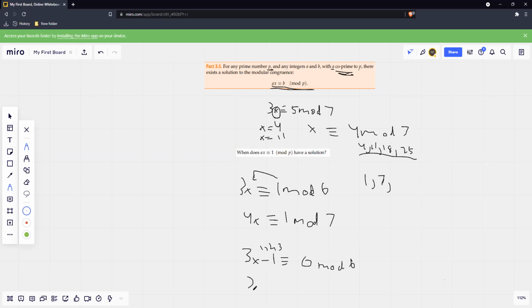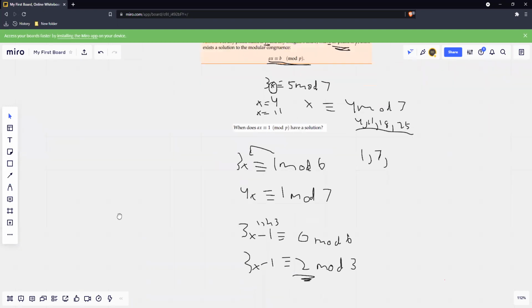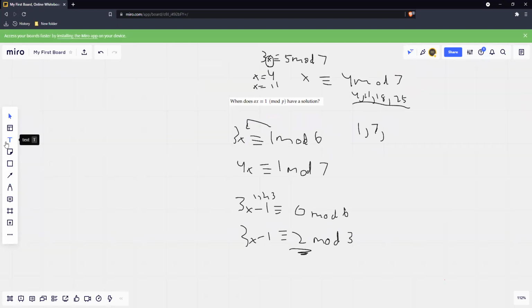Now I like to say that 3x minus 1 is basically every number that has a remainder of 2 when divided by 3. Divided by 6 makes it a little bit tricky, but it's basically just 2 mod 6 and 5 mod 6 as we try different values of x. But basically what I'm saying is 3x minus 1 is congruent to 2 modulo 3.